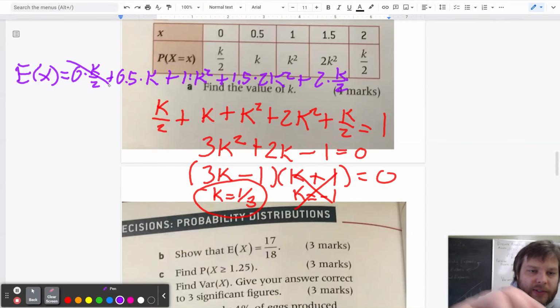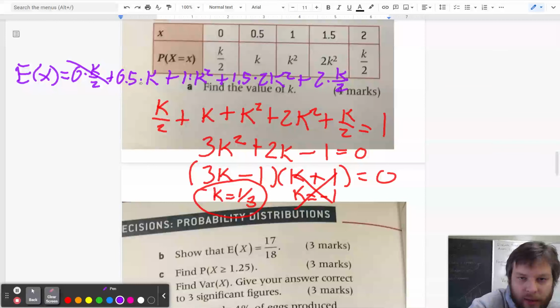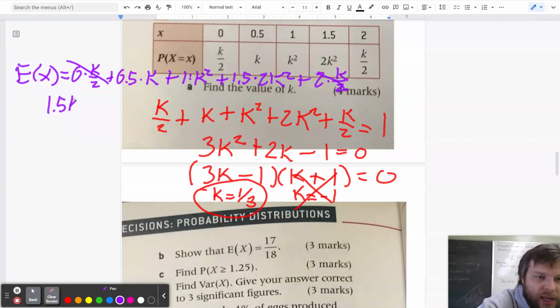Let's see, so that's 0 there. Then we have, how many k's do we have? It looks like we have a 1/2 and another 1. 2 over 2 is 1, so we have 1.5k plus how many k squareds? Let's see, 1.5 times 2 makes 3, 4k squared.